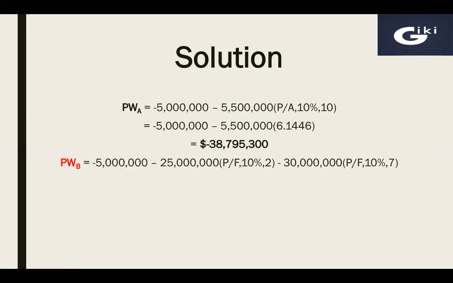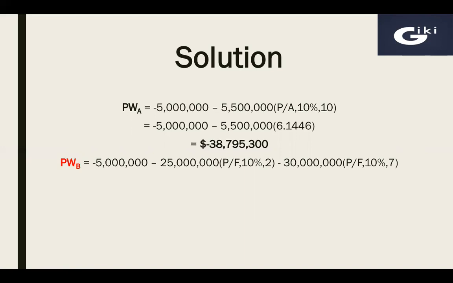Similarly, we can calculate present worth of project B, minus 5 million at time 0, minus 25 million at the end of second year. So this is a single amount we'll need to convert into present amount at time 0 by using P over F factor for 10% and 2 years. Then for coming at the end of 7th year, we have 30 million.